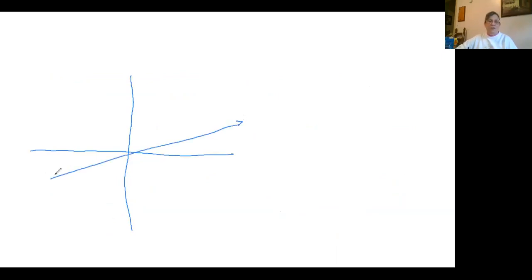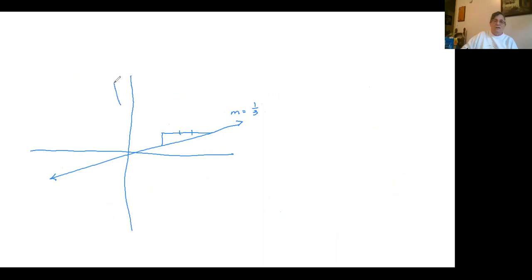However, if I take one that's about 1/3, so the slope here is about 1/3, the slope of a perpendicular line would be a -3. So it would have to go down this much and over this much and go down.